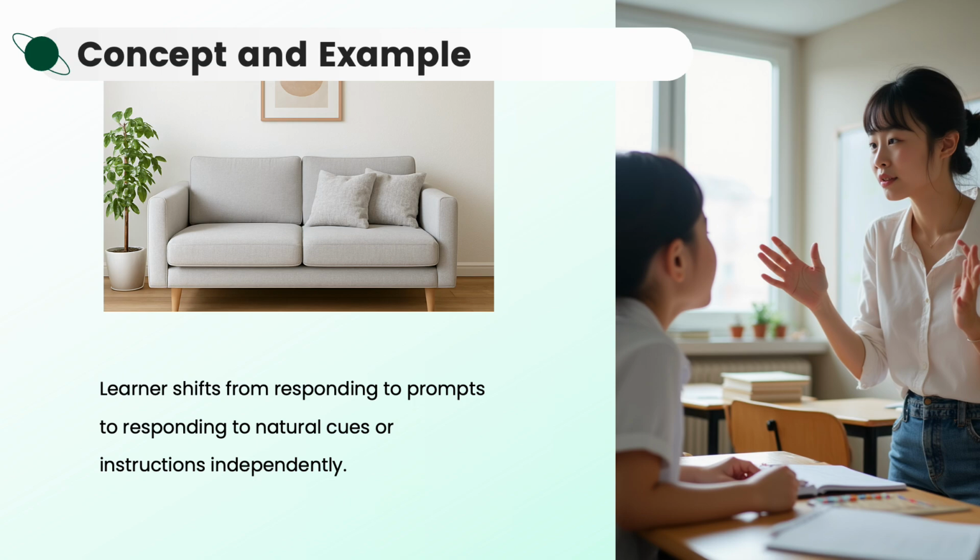So to summarize, transfer of stimulus control means moving from prompted responding to independent responding under natural conditions. And everything we do, prompting, fading, reinforcing, is aimed at that end result. As an RBT, if you keep the goal in mind, your teaching will always stay on track. All right, next we'll build on this and look at specific prompting and fading strategies you'll be using.